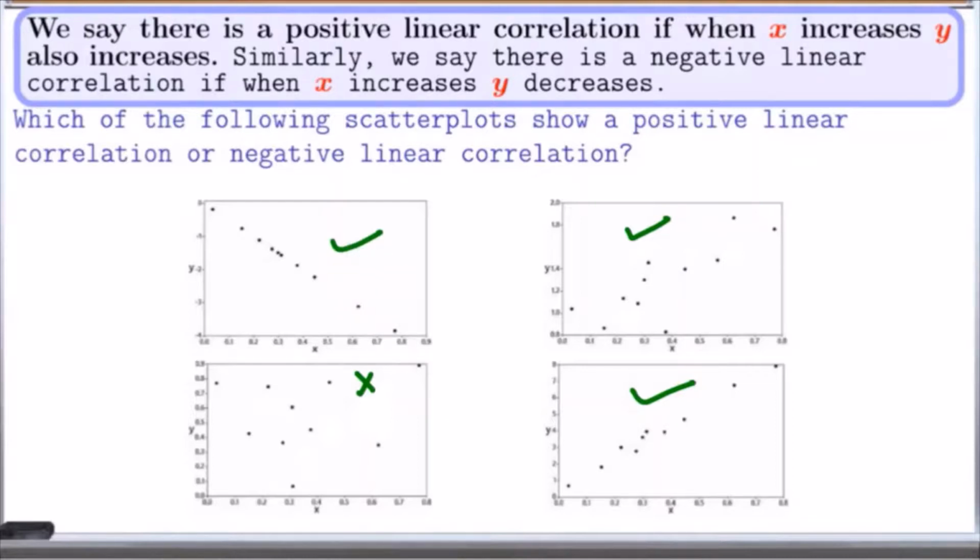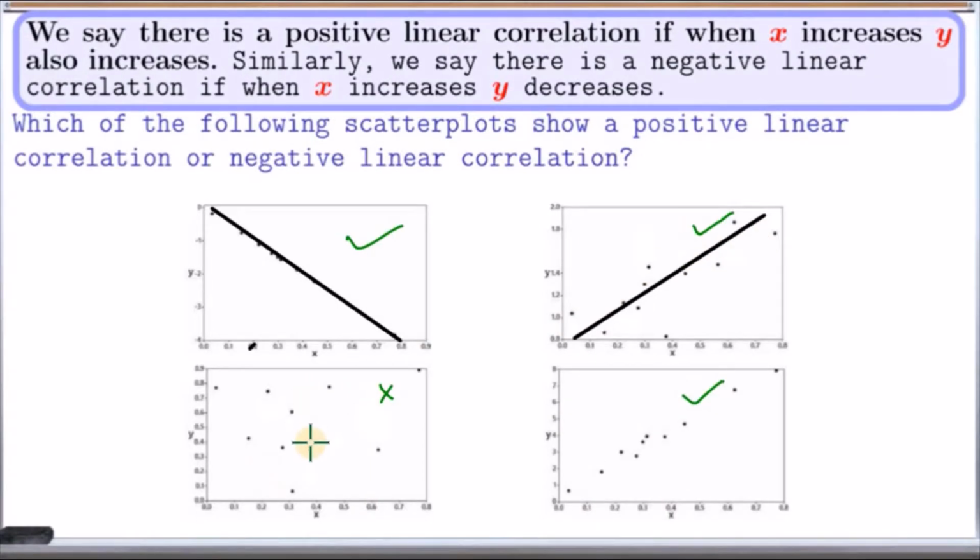Let me just make a straight line here. So this one here is sloping downward. So it has a negative linear correlation. And if we look at this one here, this one is sloping upward. So it shows positive linear correlation.